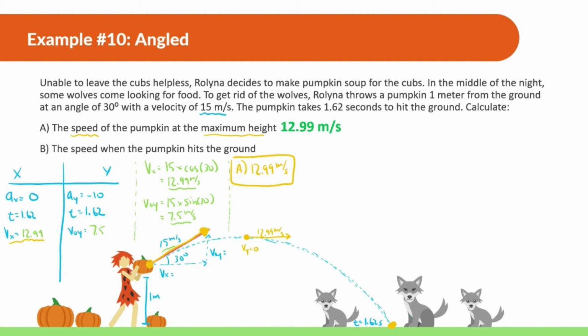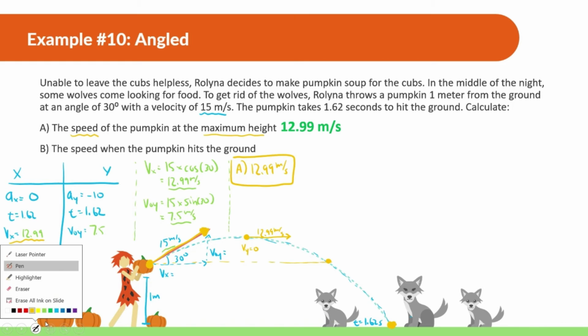It's thrown 1 meter off the ground. And because it's not level, it won't be going 15 meters per second over here. It would actually be going 15 meters per second on this opposite side, like around here, looking at the diagram, but I don't want to confuse you. Okay, so let's figure out how fast it's going over here.